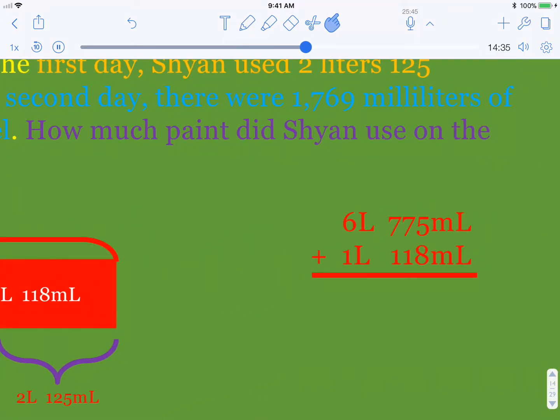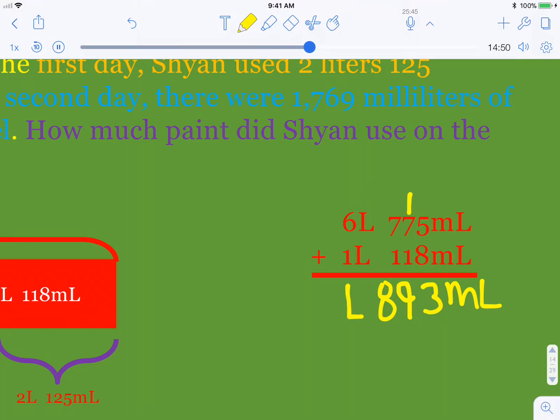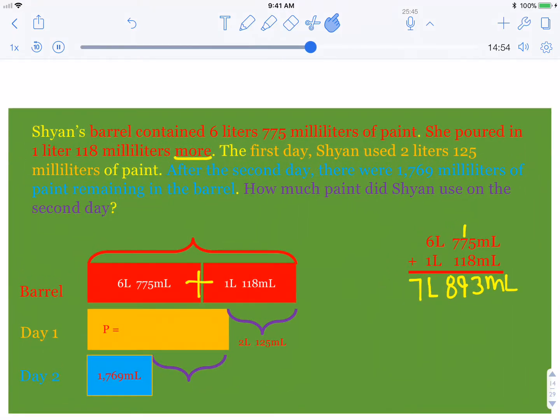What's 5 plus 8? 5 plus 8 is 13. 7 plus 1 is 8. 8 plus 1 is 9. 7 plus 1 is 8. And 6 plus 1 is 7. So right now, the total amount of paint that I have in my barrel is 7 liters, 893 milliliters.